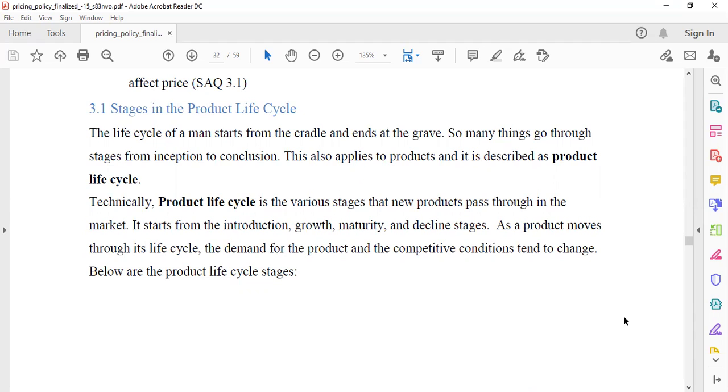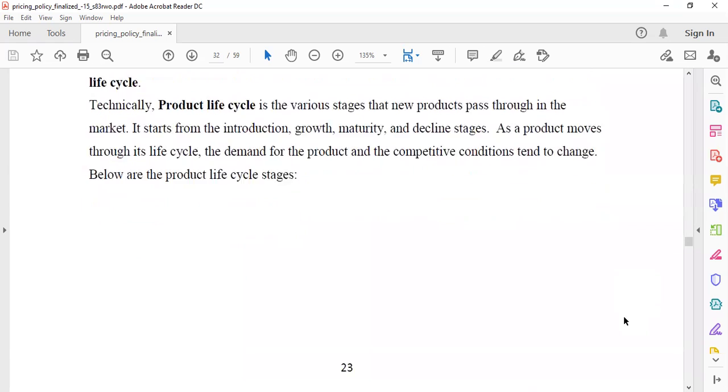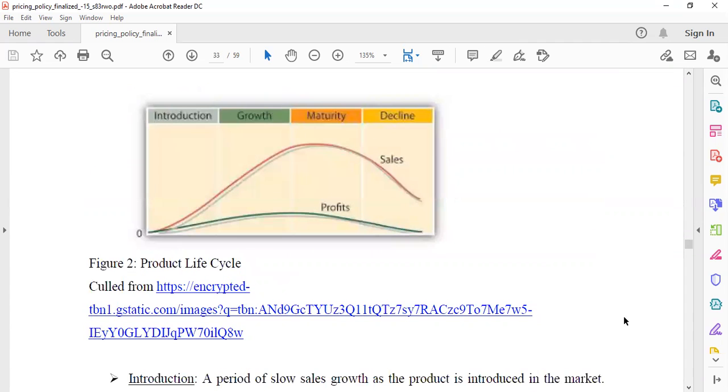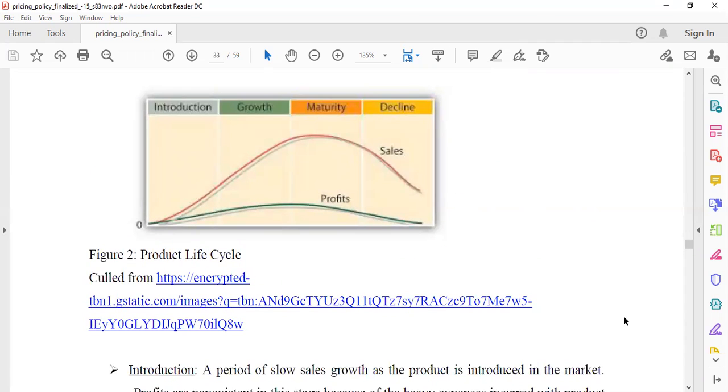From the new product development process at commercialization, the product begins its life cycle because it is introduced into the market. At that time, the product, the sales, and the profits are at their lowest ebb.